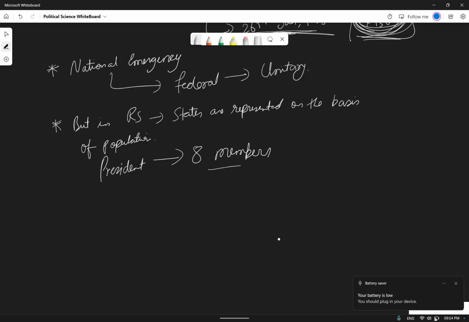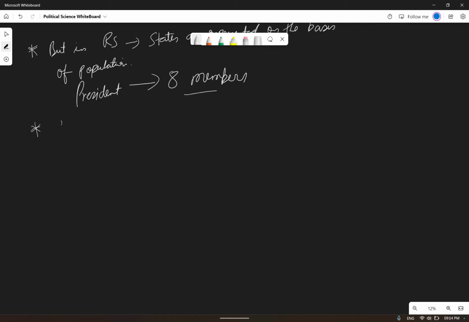Now, the governor of each state is appointed by the president, and they continue to hold office at the pleasure of the president.